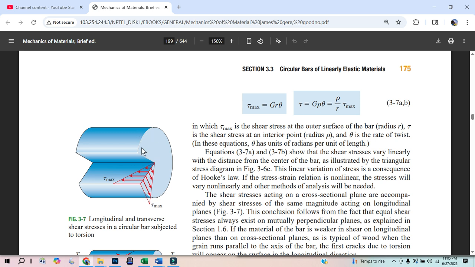That's the whole derivation, making it as simple as possible: I want to input a torque, which we said was 100 pound inches, and then I want to know what this shear stress is, or vice versa. If I know that I have a limit on this shear stress, I want to know how much torque I can apply. So let's just do that.